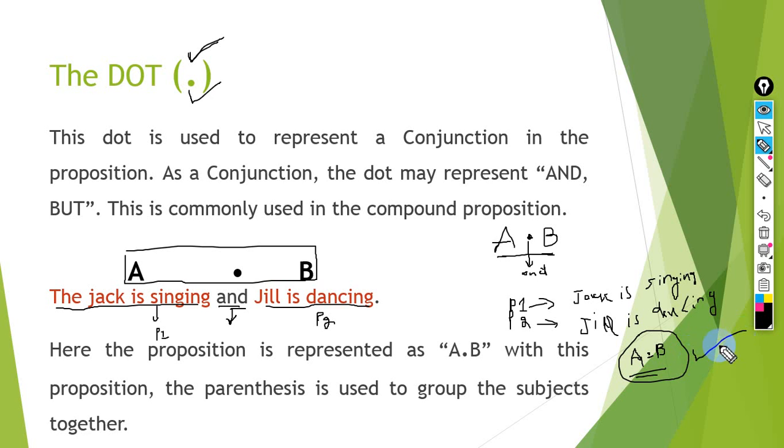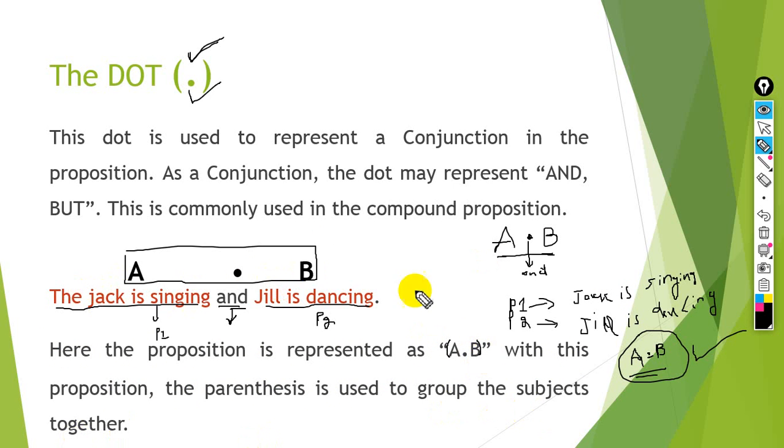Using symbols we make a compound proposition. Right? So here the proposition is represented as a dot b. The parenthesis here we have not used. The purpose of parenthesis is to group the subjects together.